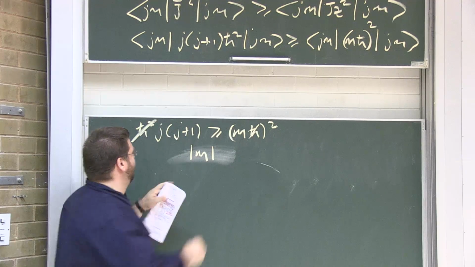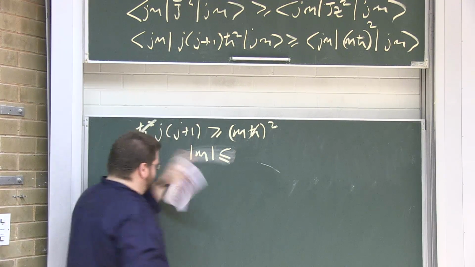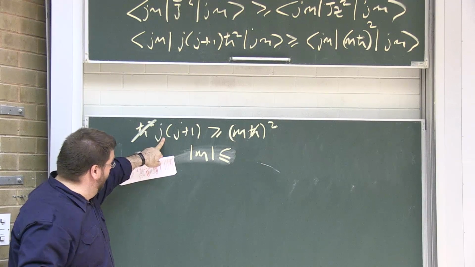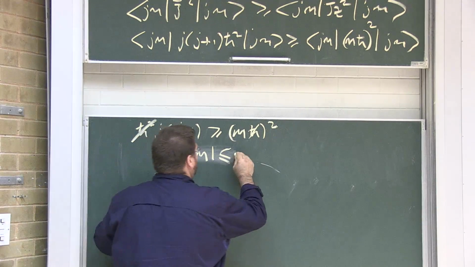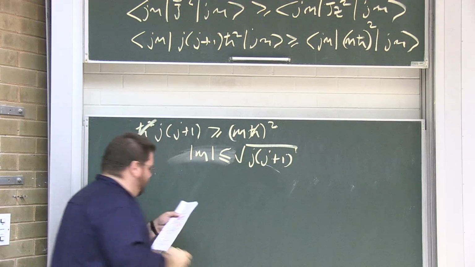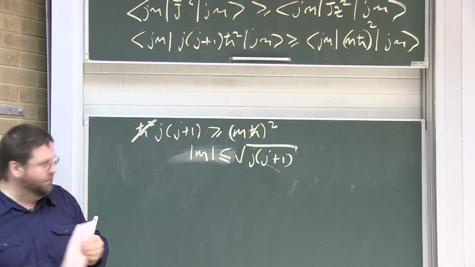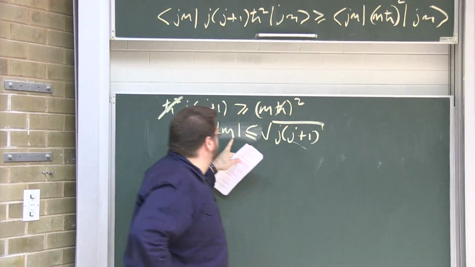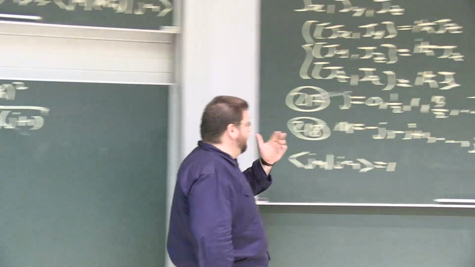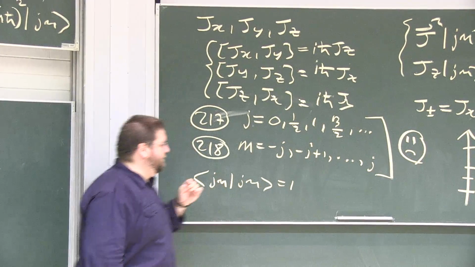The bigger thing is now on the right-hand side, so the crocodile turns around. We've taken the square root of both sides of the expression, and so we get this. Now this is already good news. This is equation 226, because it shows that there's an upper bound on the modulus of m. The existence of an upper bound on the modulus of m is certainly consistent with 218.